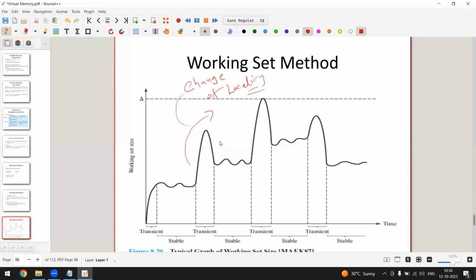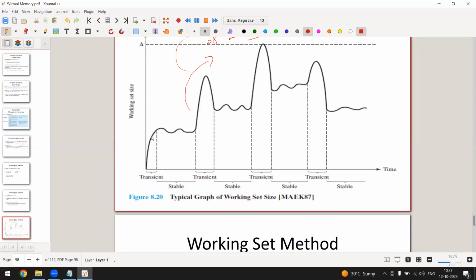Whenever new addresses are being generated over a period of time, the working set will grow, then again the locality will stabilize. It means the page references will again be from a similar locality. So that's why working set will be stable, and then again it will go up, and like that.